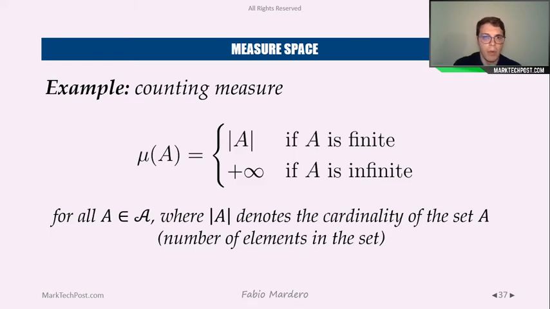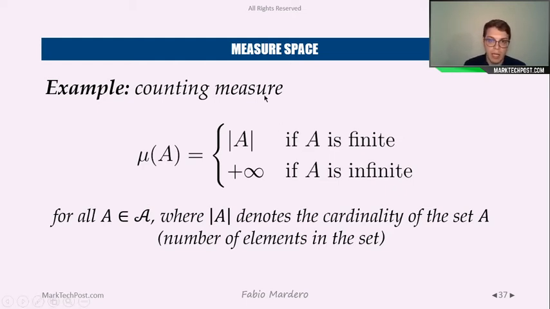Let's see an example of measure, the counting measure. The simplest one is if A is finite, so we can count the elements of the set. For example, we have a basket of fruit: apples, oranges, and bananas. Then we can count all the elements.